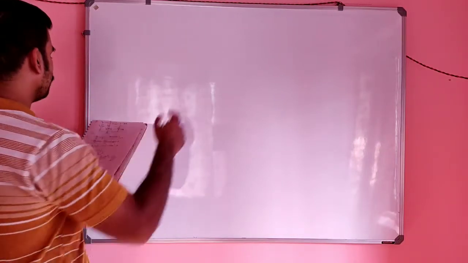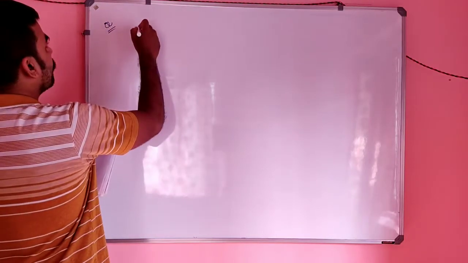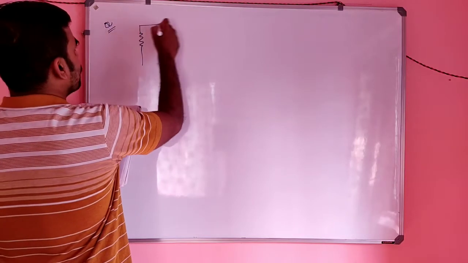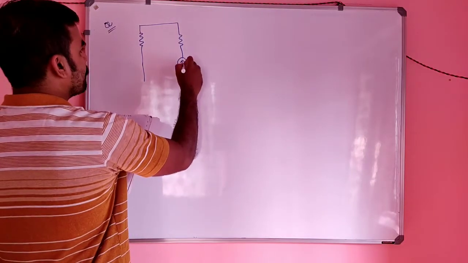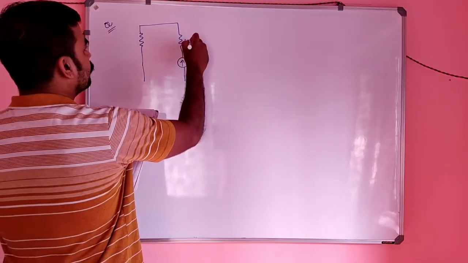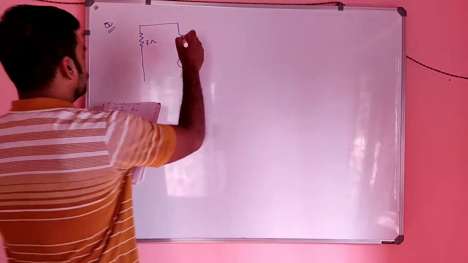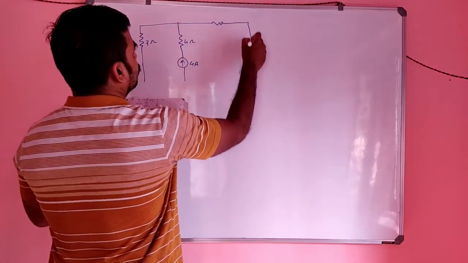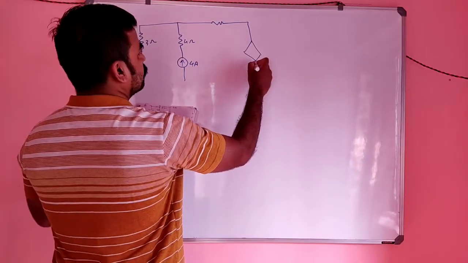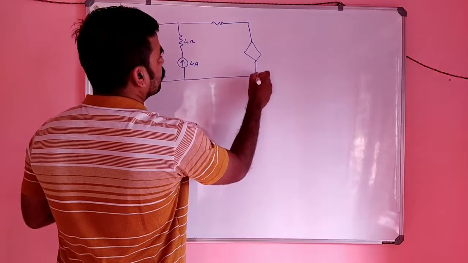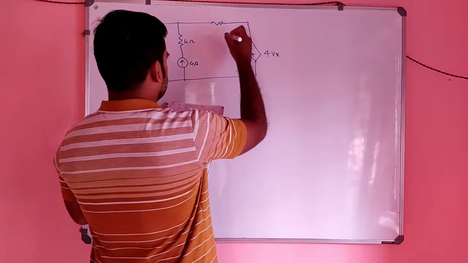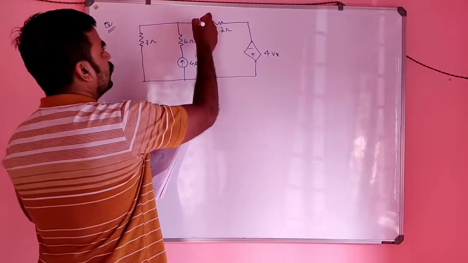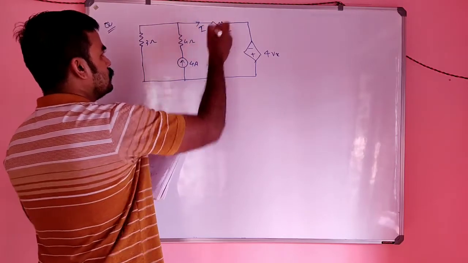Please note down a problem. For Vx and 2 ohm, you have to find the value of current I through this 2 ohm.